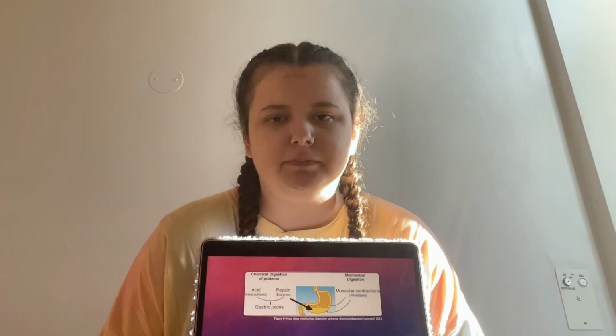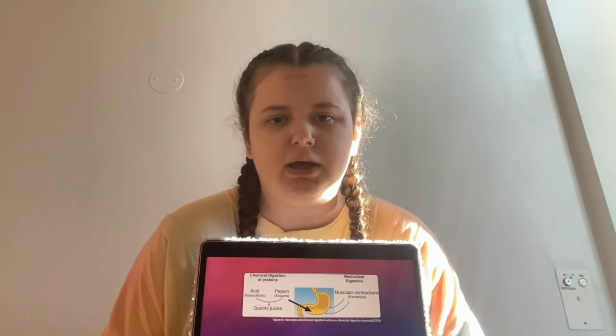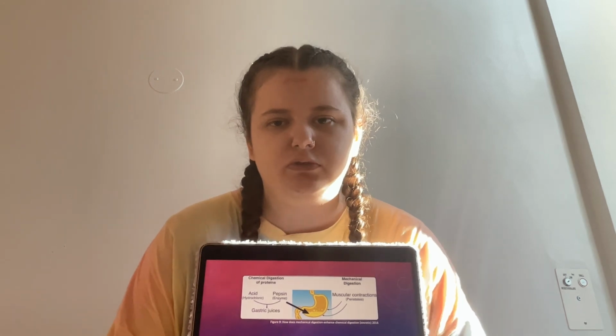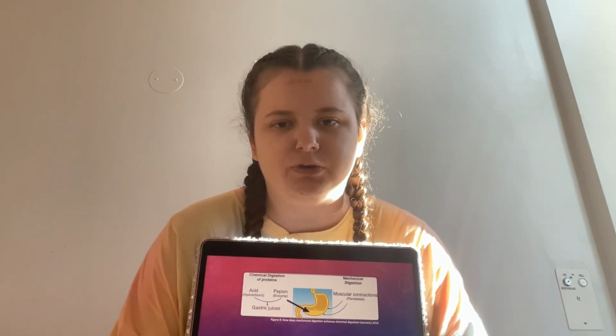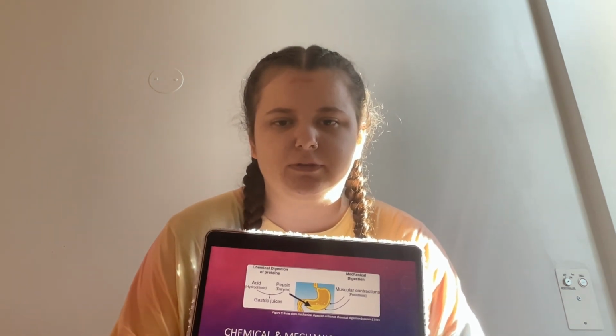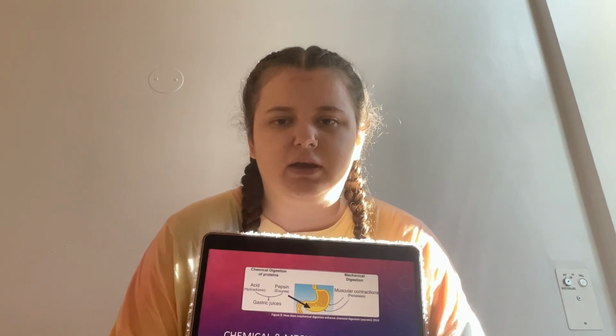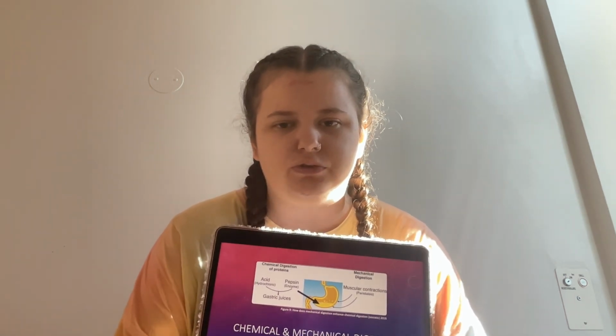Chemical and mechanical digestion break down large food molecules for our body to use. Mechanical digestion starts in your mouth, where you chew food using your teeth. The salivary glands in the mouth then release amylase, an enzyme to initiate chemical digestion.